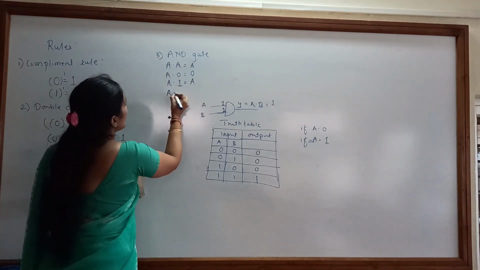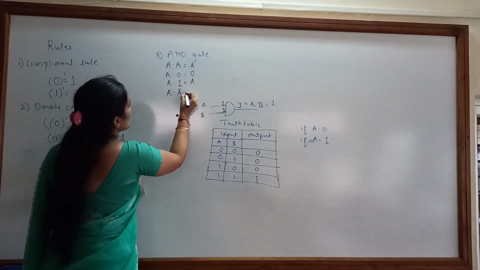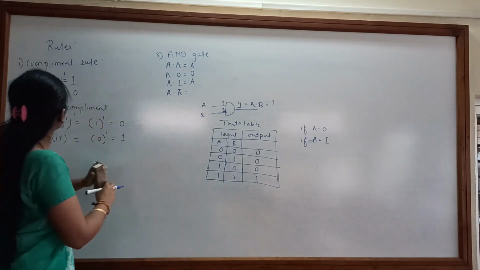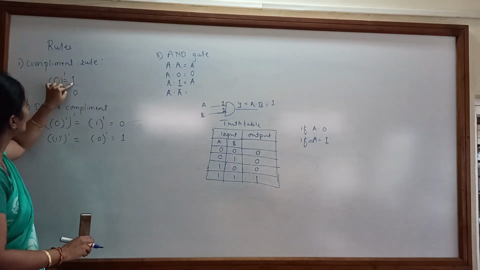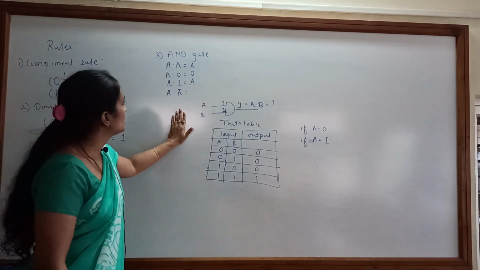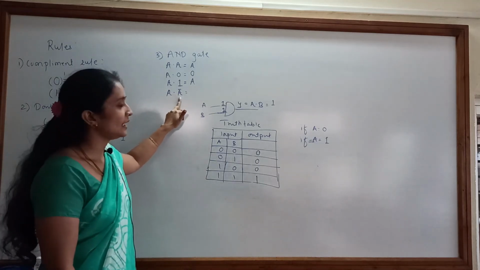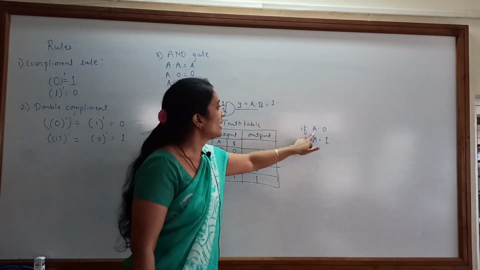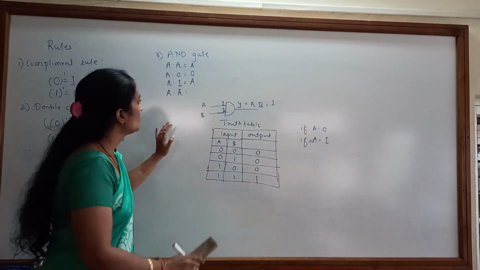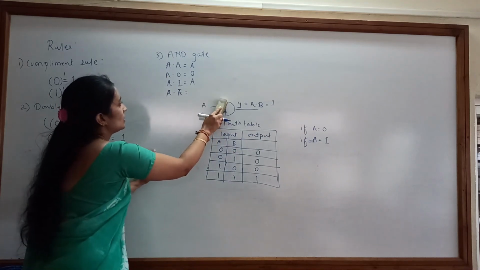And last is A into A complement. Now, what is complement? We have seen complement means 0 complement is 1 and 1 complement is equal to 0. Now, we will try here A into A complement. A will be having either 0 or 1 as a value. First, we will take A is equal to 0.